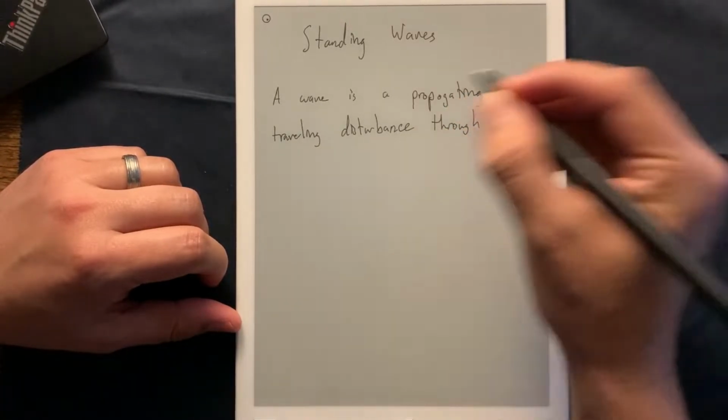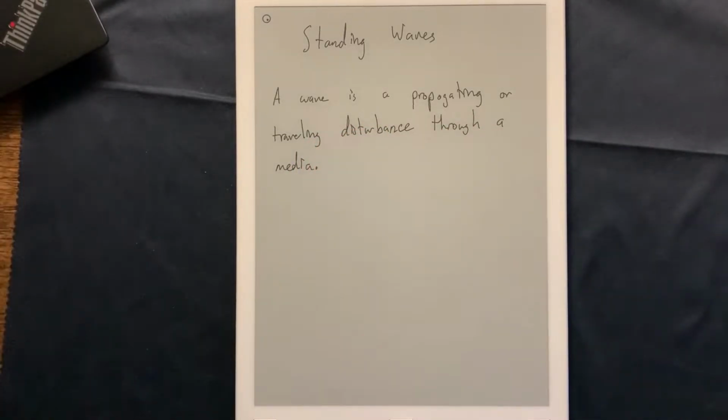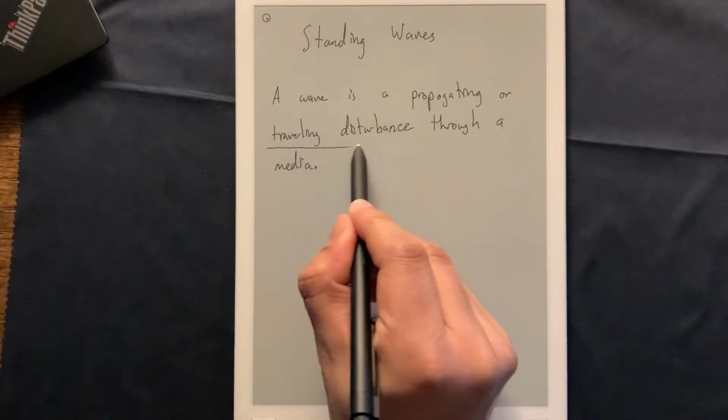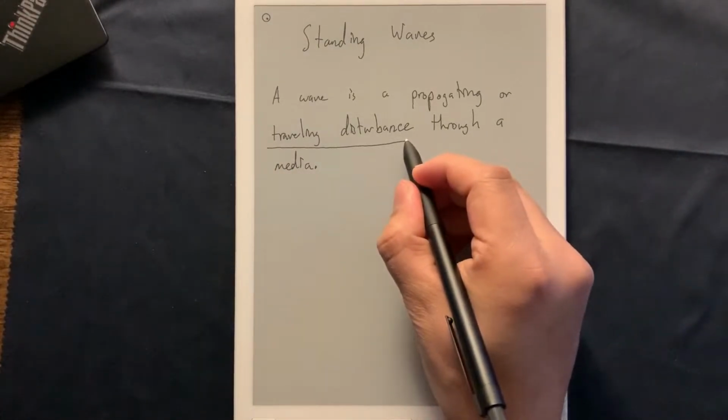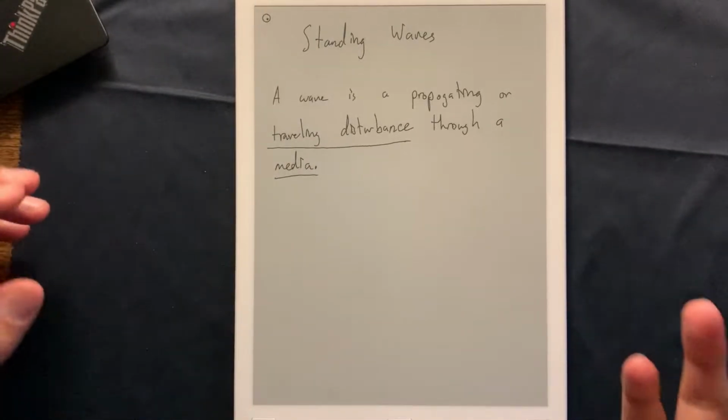Now, that's pretty bare bones, right? But it gets the big picture across. You have a traveling disturbance in a media. So you kind of need all of those.